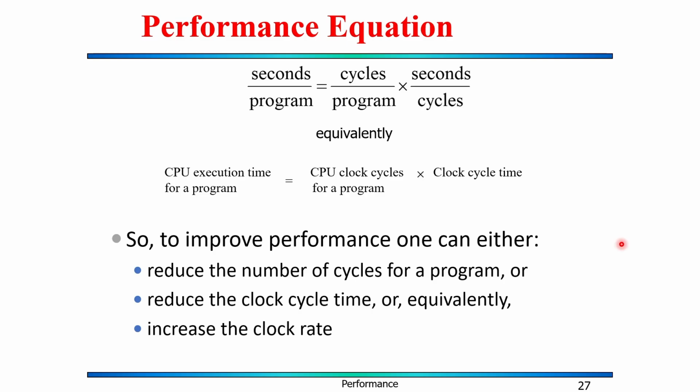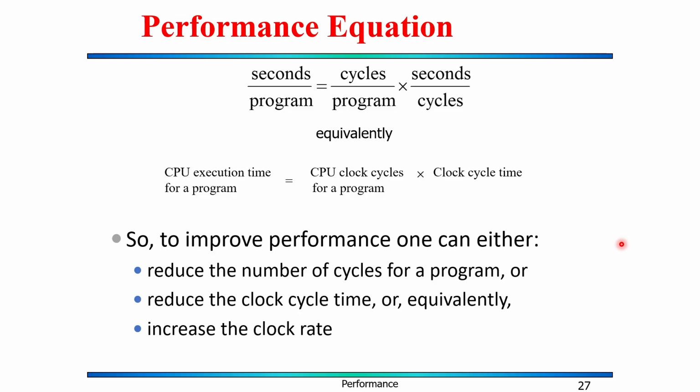In simple terms, 0.5 nanoseconds means each cycle takes half a billionth of a second. If you have 10 billion cycles, each taking half a billionth of a second, the total time is 5 seconds.